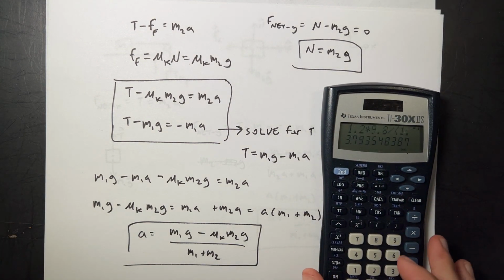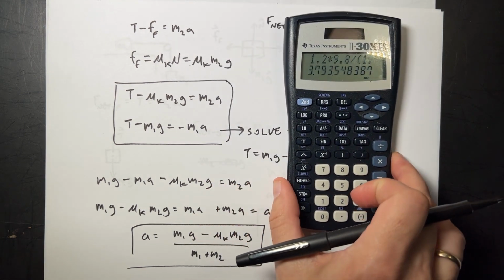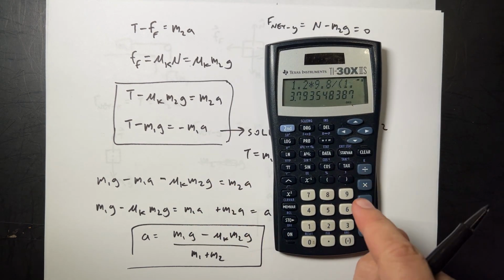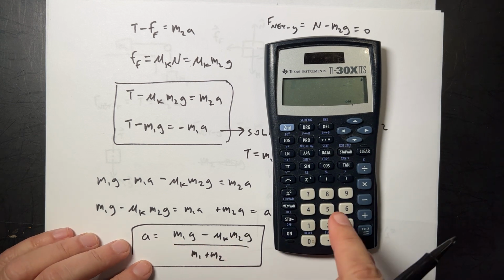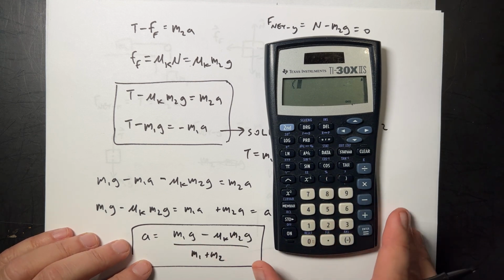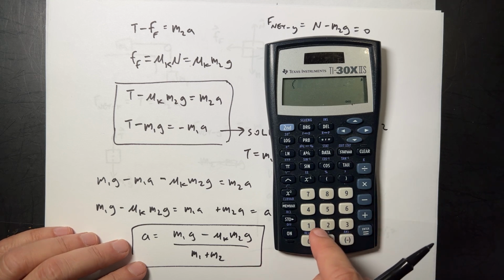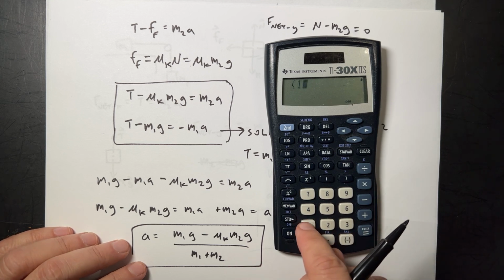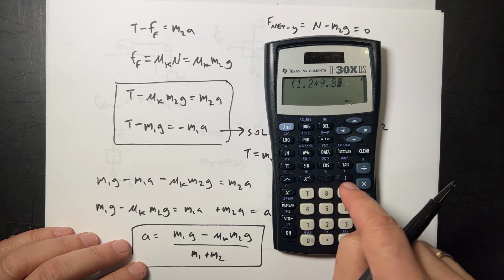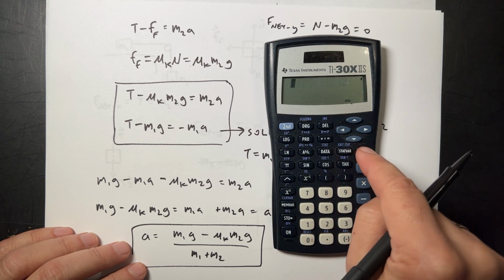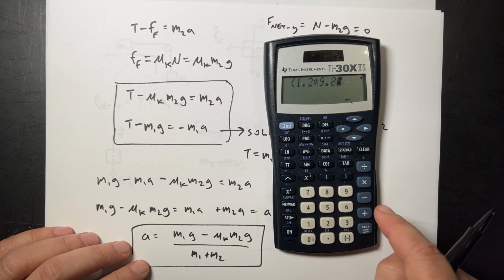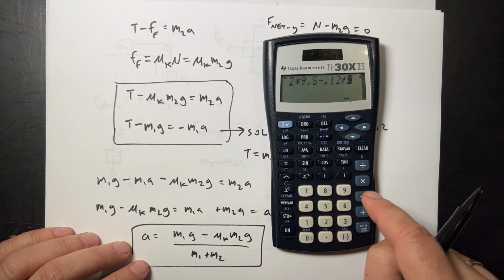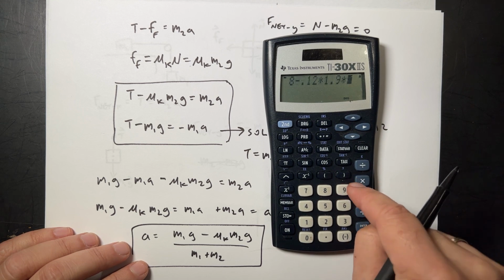So let's do these numbers. Can you see that right there? Okay. Clear. I have two numbers on the top, so I need to put parentheses to begin with. M1 was 1.2. So parentheses, 1.2 times 9.8 minus 0.12 times 1.9 times 9.8.